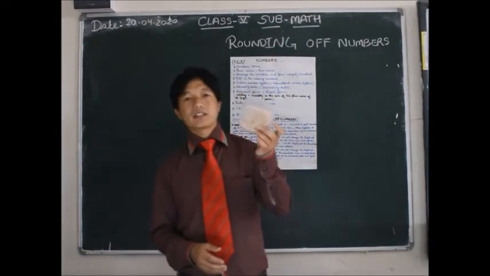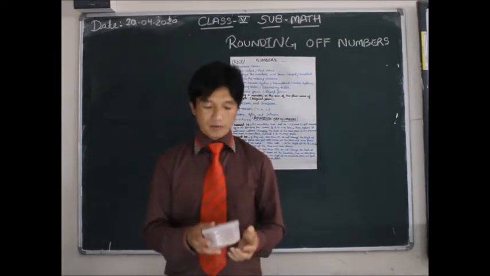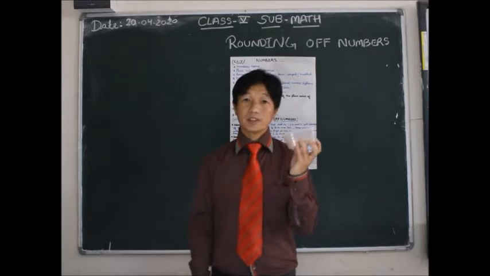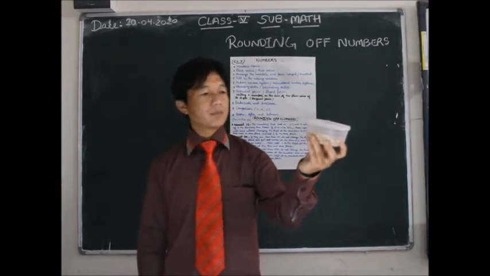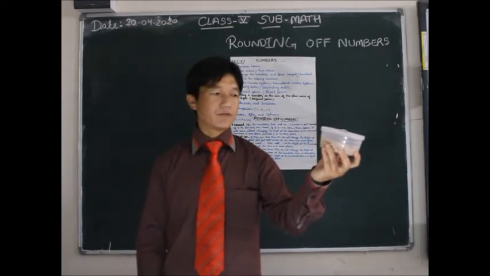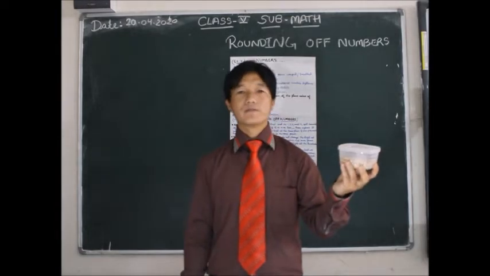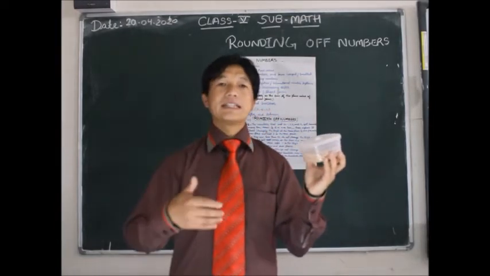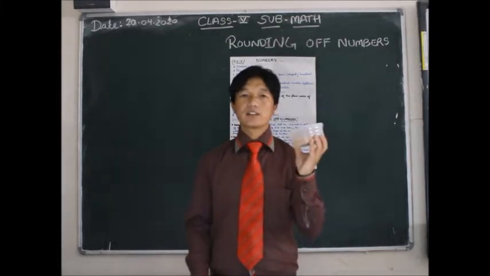We don't know the exact number of pieces, but if the question arises, how many pieces are there? We can't say the exact number, but we'll guess. We see the pieces and say maybe there are 75 pieces. Otherwise some of you say 105. Are you getting the idea? Guessing the number, guessing the amount. That is rounding off.